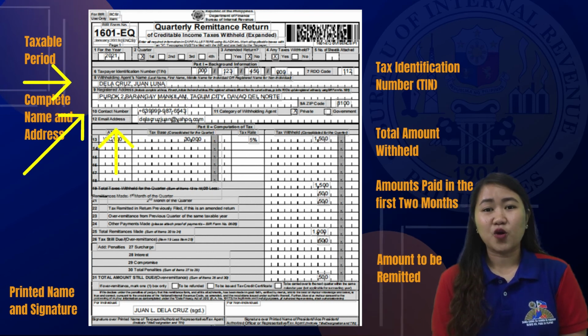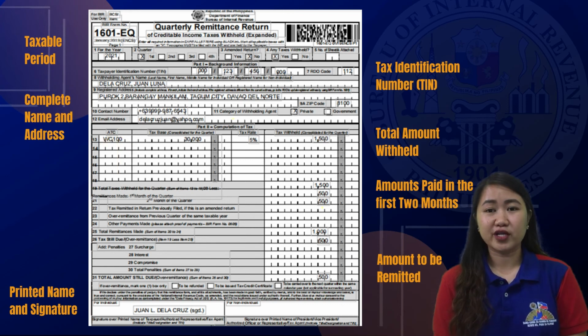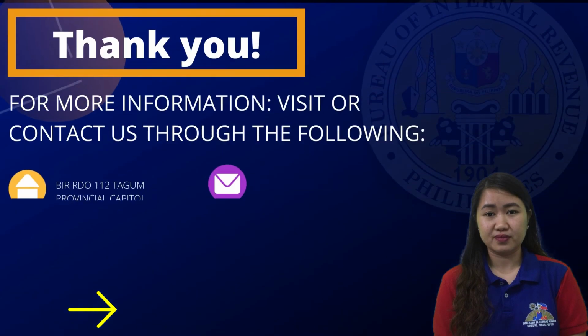Third, complete name and address of the taxpayer. Fourth, total amount withheld. Fifth, less the amount paid for the first 2 months. Sixth, total amount to be remitted. And lastly, printed name and signature of the taxpayer.